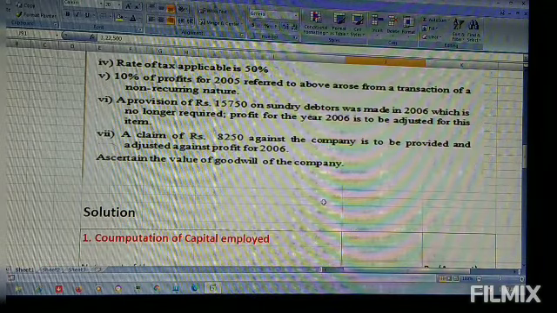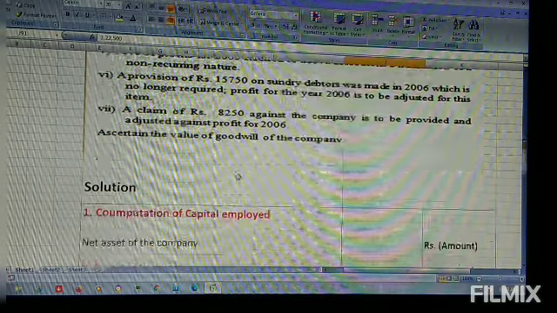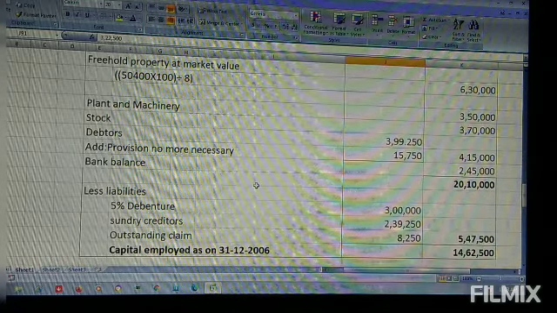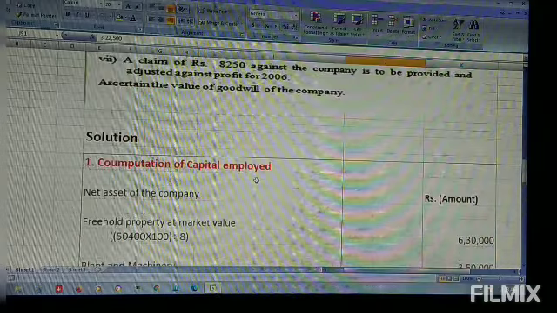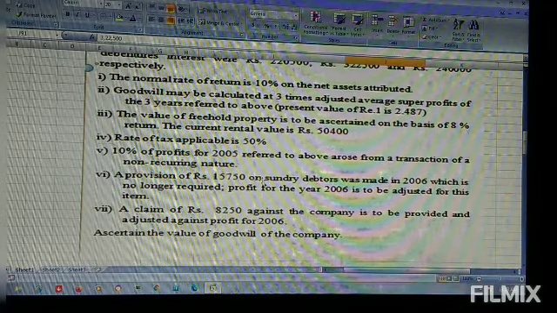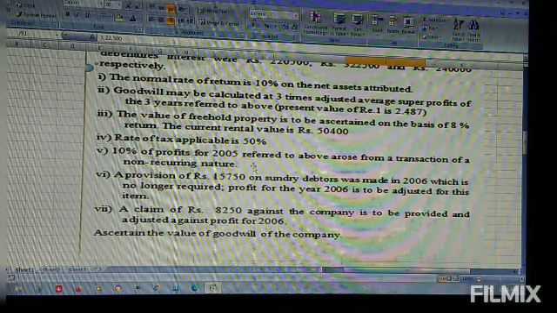Some adjustment we need to make here. For 2005, they are telling 10%. Look at the fifth point: 10% of profits for 2005 referred to above arose from a transaction of a non-recurring nature. Recurring profits are called operating profit.